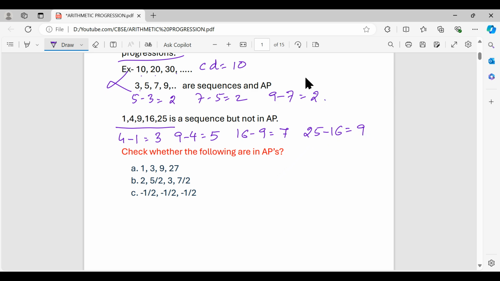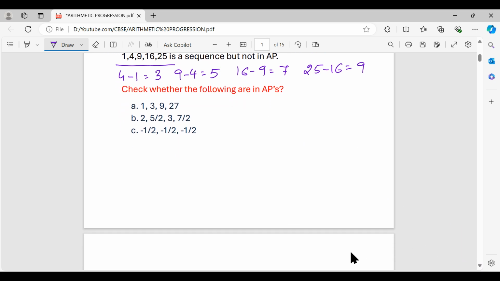Okay, now you must understand about the term and the position. See, let's see 2, 4, 6, 8, 10, and so on. And here, how will I say at what position I have this term 2?